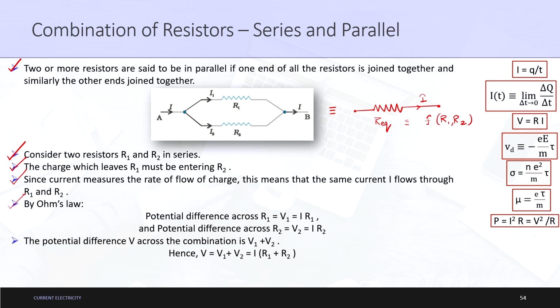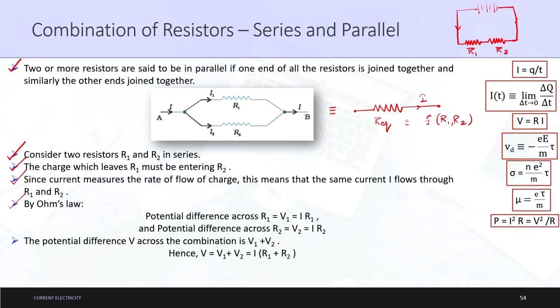So next, the potential difference V across the combination is nothing but the potential difference across 1 and the potential difference across 2. Why? Because let us suppose I draw the cell here, let us say this is resistance R1, let us say this is resistance R2.